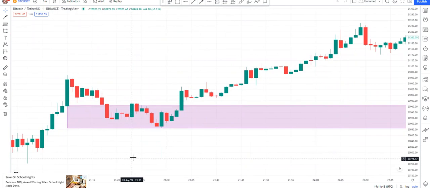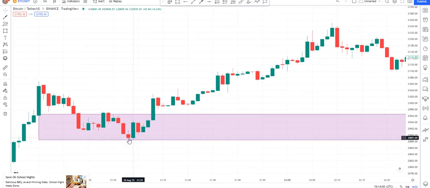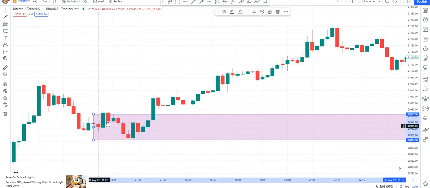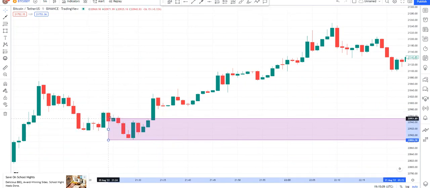You see, essentially this is kind of what I'm looking for. We have one, two, three candles that follow each other like that, and they basically form the beginning of the impulse move. So I'll select those three candles as my order block.